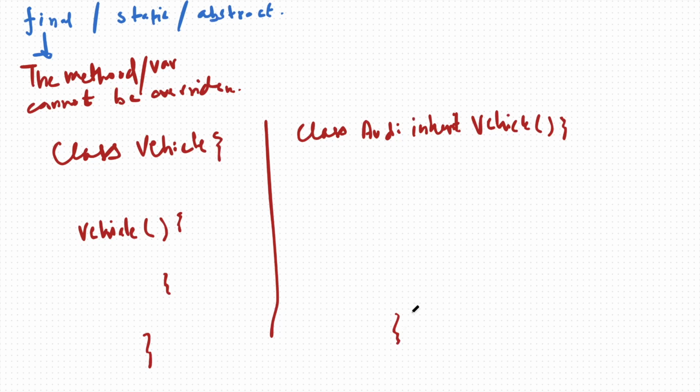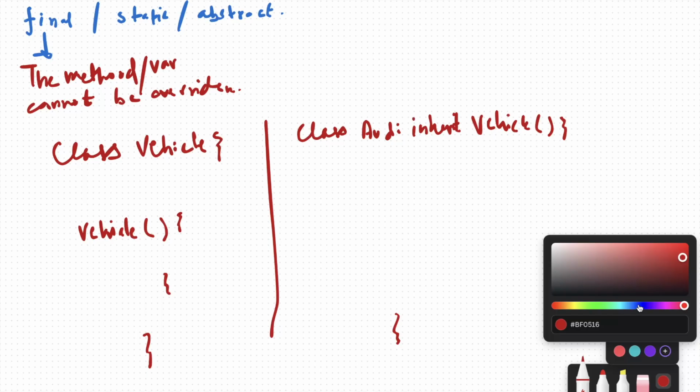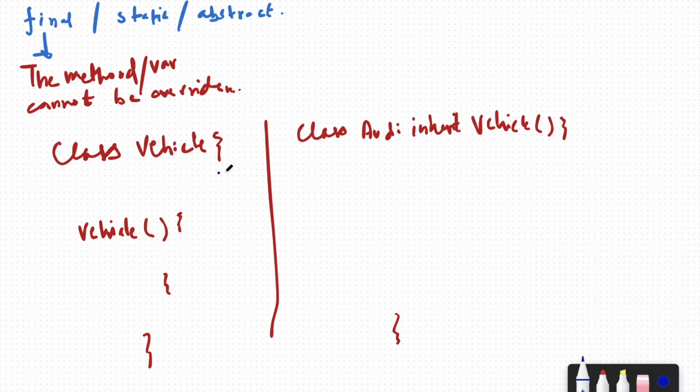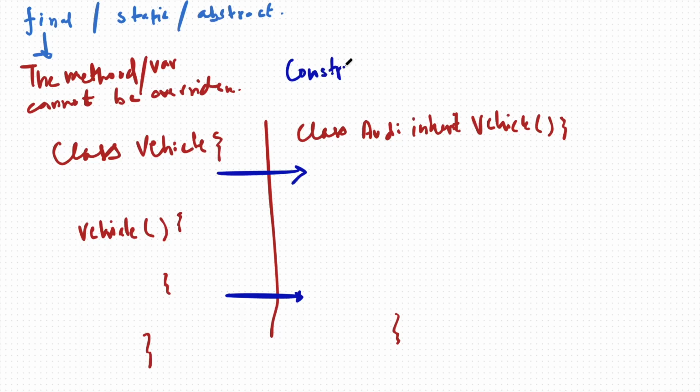So you all know that when the inheritance is coming into play, all the methods and variables are inherited by the subclass, right? And one important thing you need to know, that constructors are not inherited.